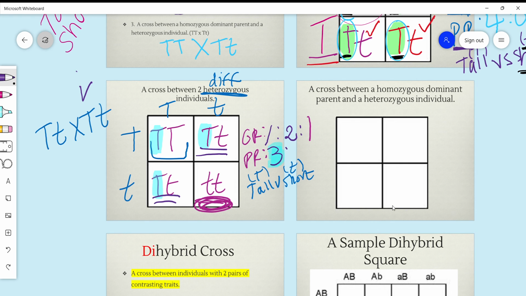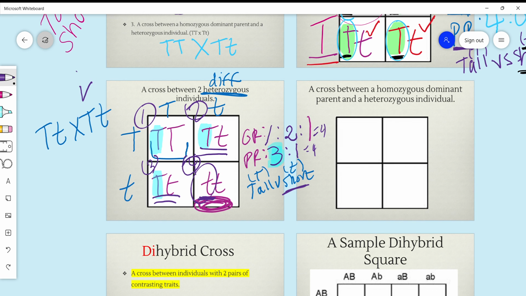We have 3. Out of these, how many are going to be short? If it's short, it's going to have a recessive trait, and we only have 1. How are you going to know if your genotype and phenotype ratios are correct? If they equal 4, it means that you have the correct numbers, because we have 1 box, 2 boxes, 3, and 4.